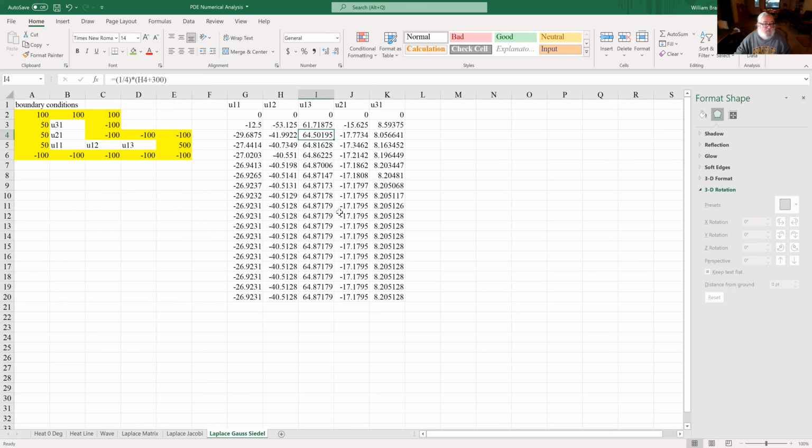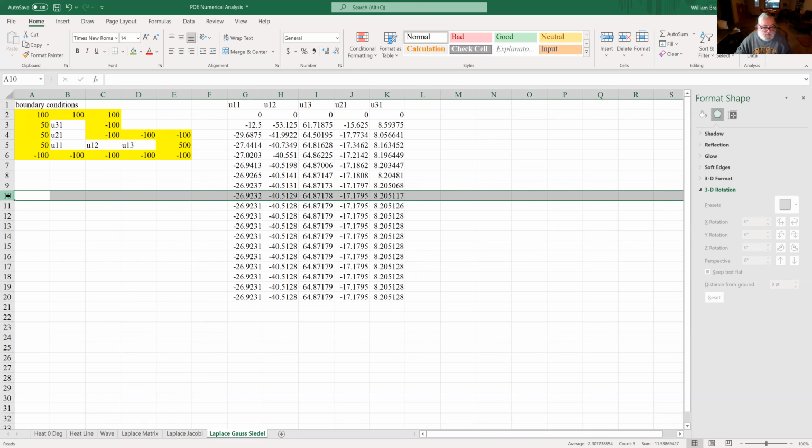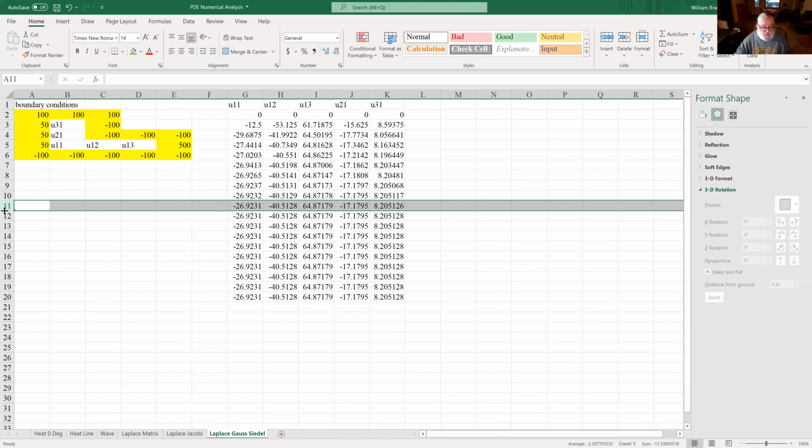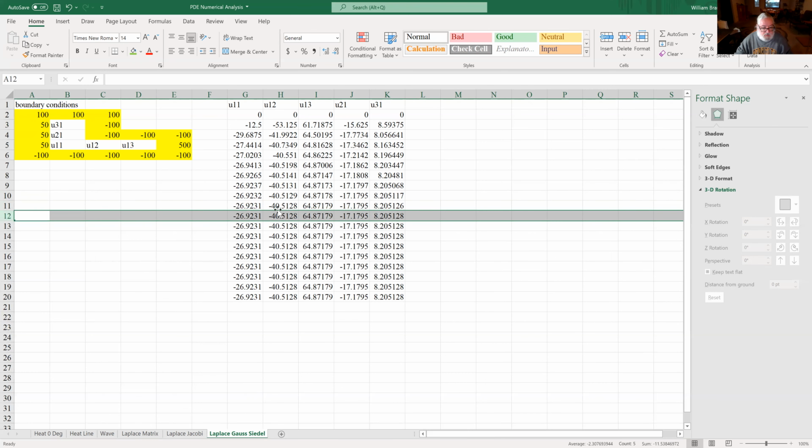And the value of the Gauss-Seidel one, if you look at about that, this row is about where it settles down. Nope, one more. Right, and everything then is the same down. So that took 12 steps.